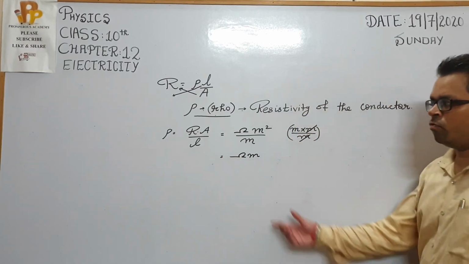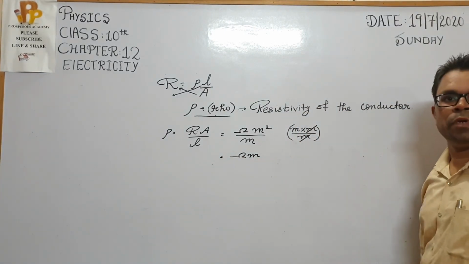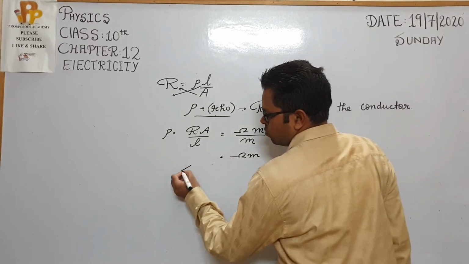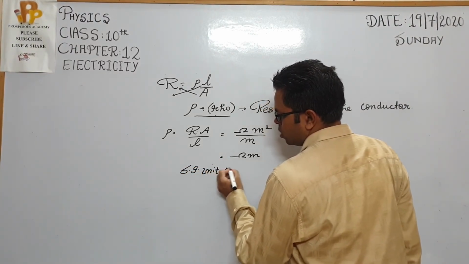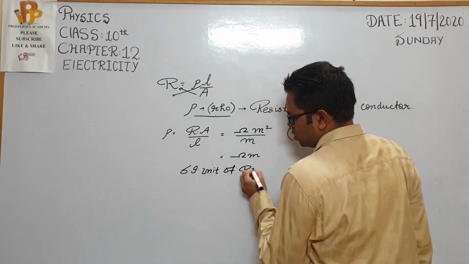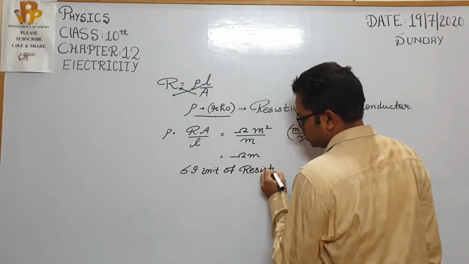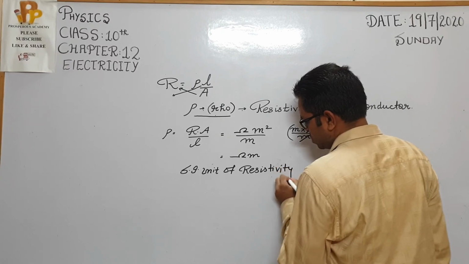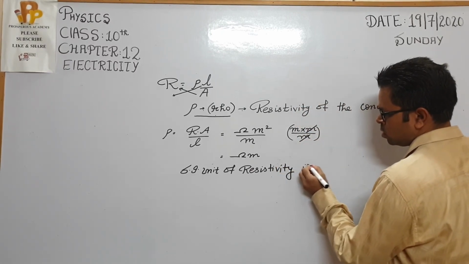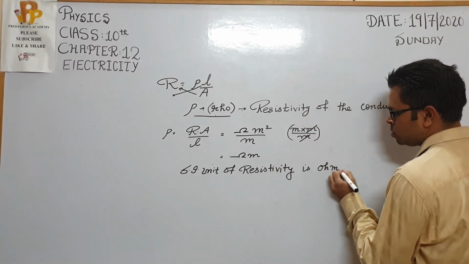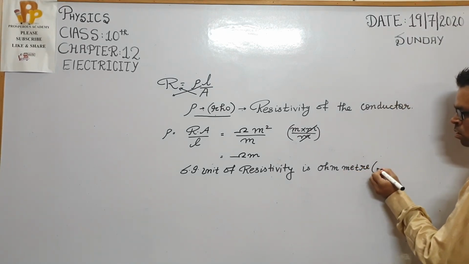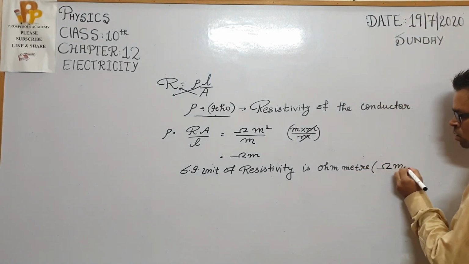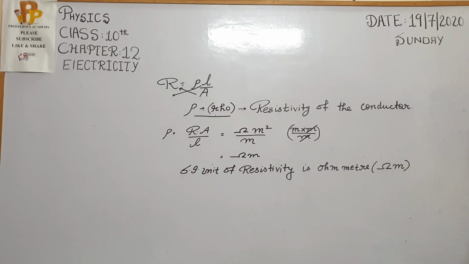So SI unit of resistivity is ohm meter, or you can write in this way. Note down beta.